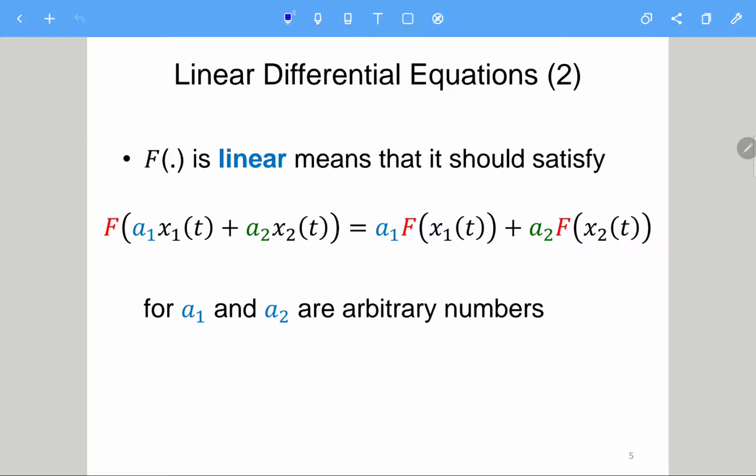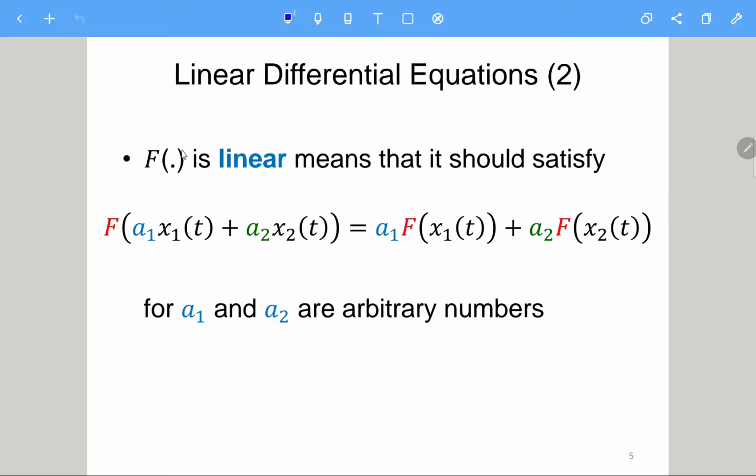And for all a1 and a2 arbitrary real numbers, it should satisfy this relationship. Then we call f a linear function.